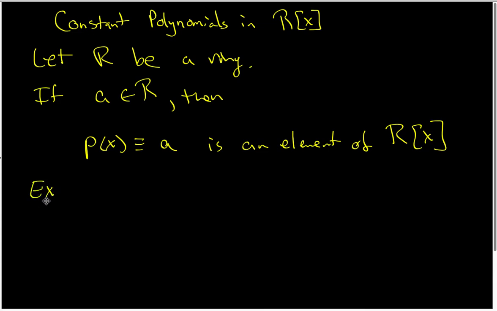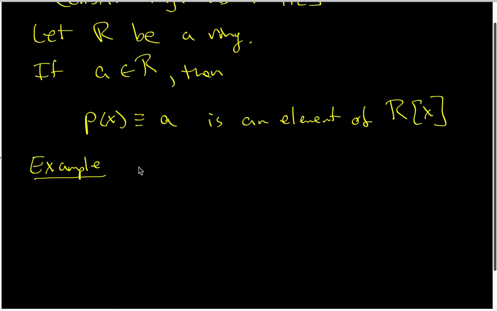As an example to make this clearer about what I mean by the function being identically equal to a, let's think about looking at p(x) equal to 3 inside the ring of polynomials over the real numbers. This is a function that I know how to graph.